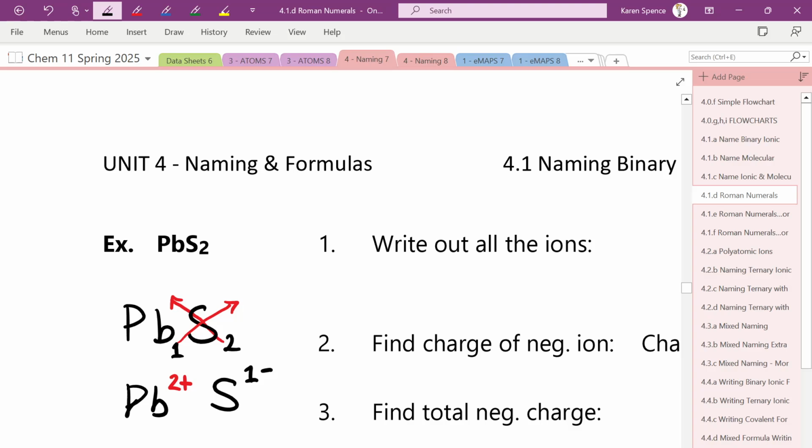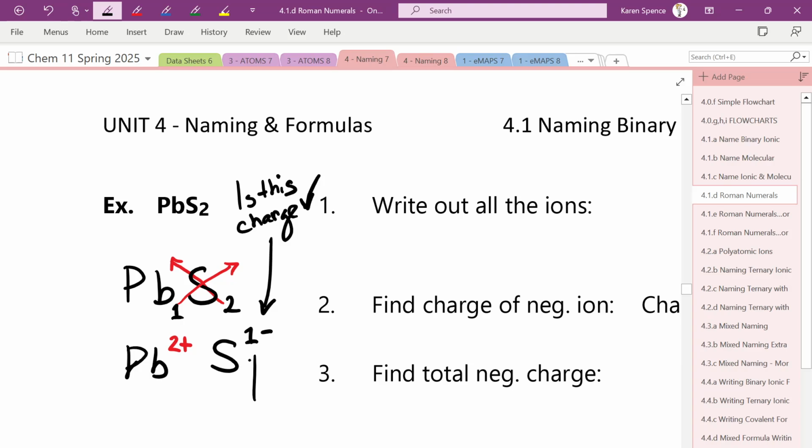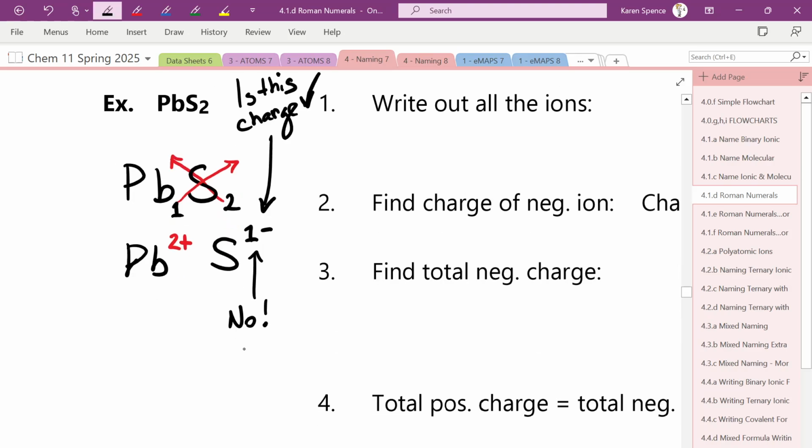Okay, now, this is where you have to ask yourself, is this charge correct? And the answer is no. S is 2-.